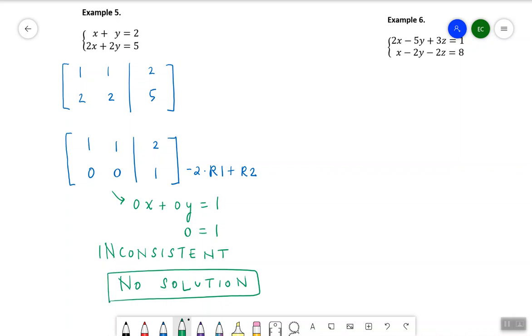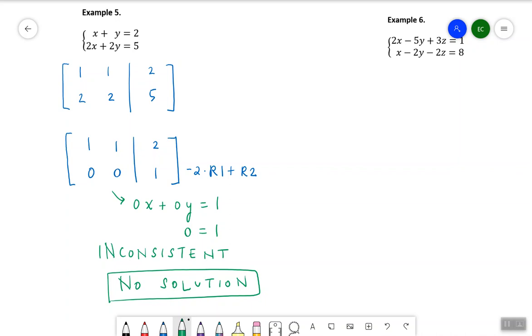It might be tempting to try to get a 1 here in the second column on the diagonal, but that's not possible with the Gauss-Jordan method. In theory, we could get a 1 there, but that would change the values that we already found before, in particular this 0 here in the first column.